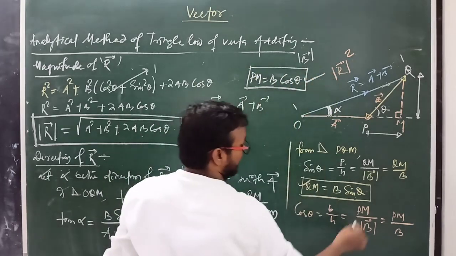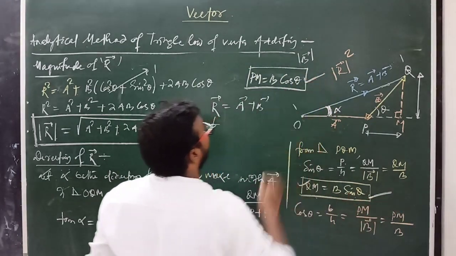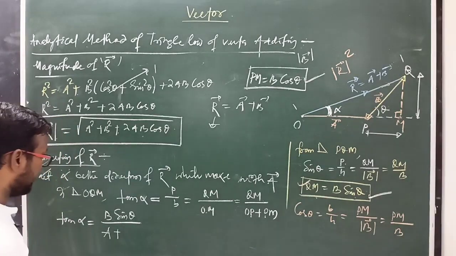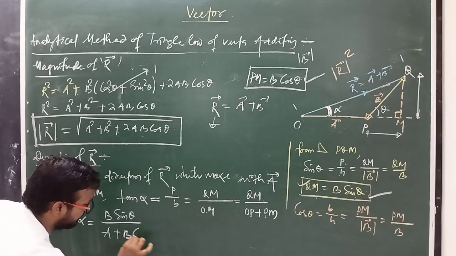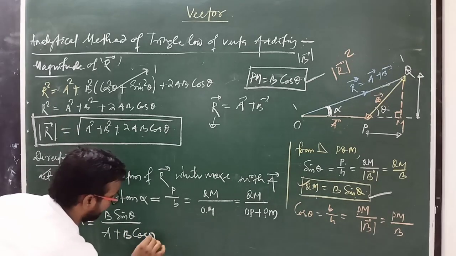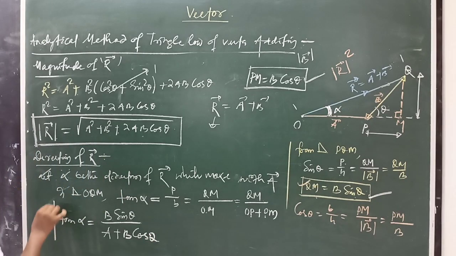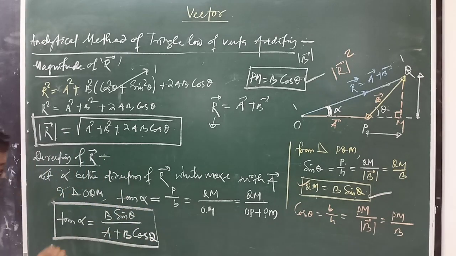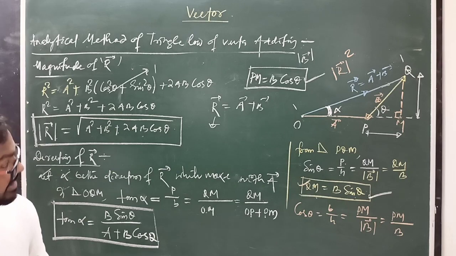Clear? We have two relations here: QM equals B sin theta and PM equals B cos theta. So I am writing here B cos theta. Clear? This is the value of tan alpha, but we need alpha.